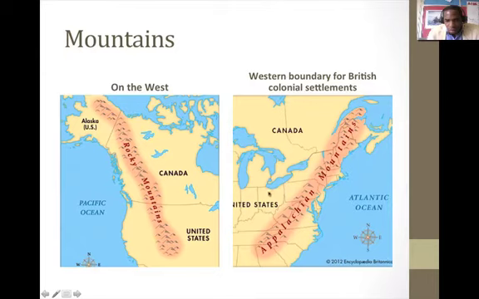In the Ohio River Valley, a lot of the Native Americans, some people call them Indians, were living. And France was allied with the Native Americans. The Native Americans didn't like the fact that colonists were coming in and trying to take over their land.